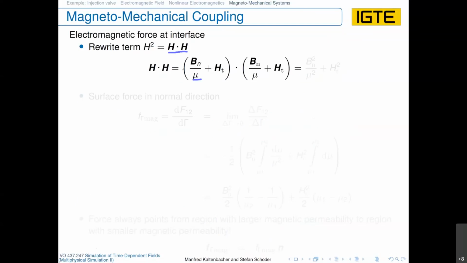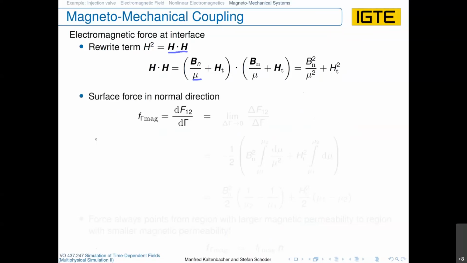And when we take the dot product, we know that the dot product between a vector in normal direction and a vector in tangential direction always gives 0, which means we get the normal component squared over the permeability squared plus the tangential part of the magnetic field intensity squared. And that we now can explore in our formulation.